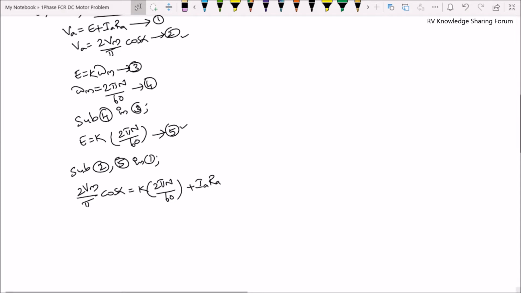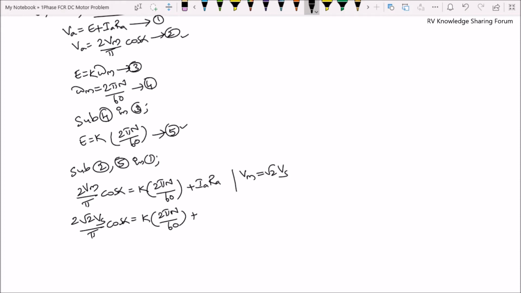Now here Vm is equal to root 2 into Vs. Therefore this equation becomes 2 root 2 Vs by pi cos alpha, which is equal to K into 2 pi n by 60 plus IA RA. Now let us substitute the data which is given.